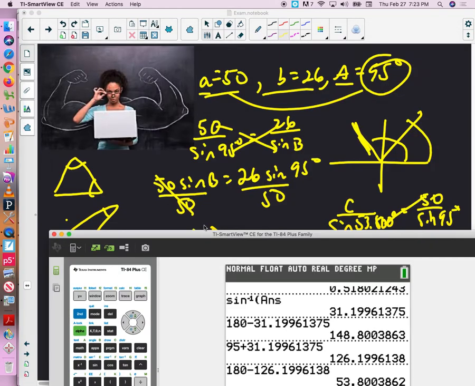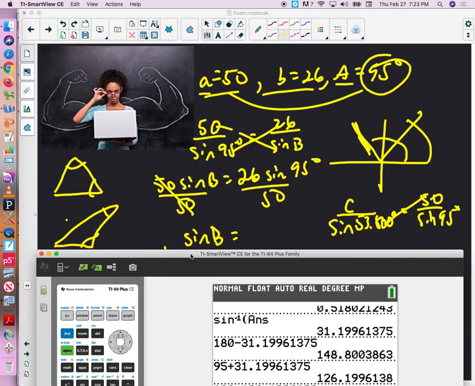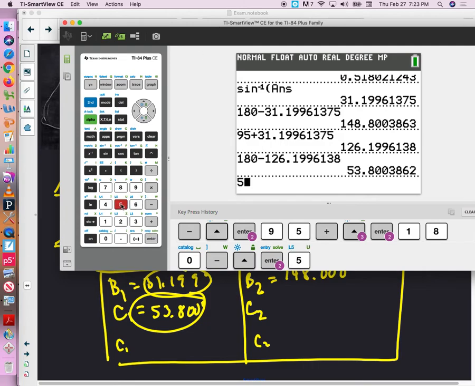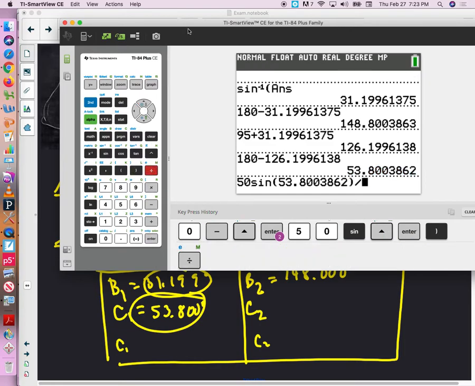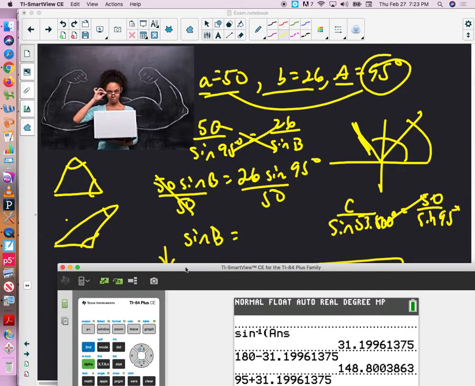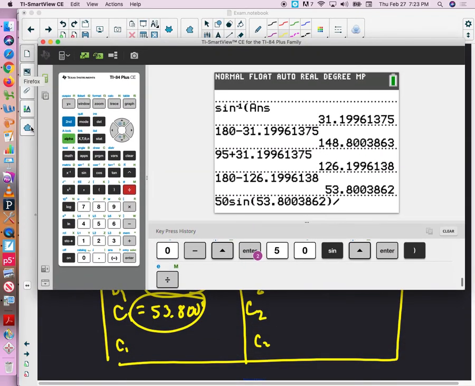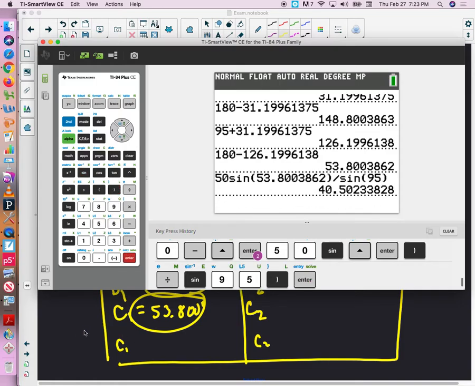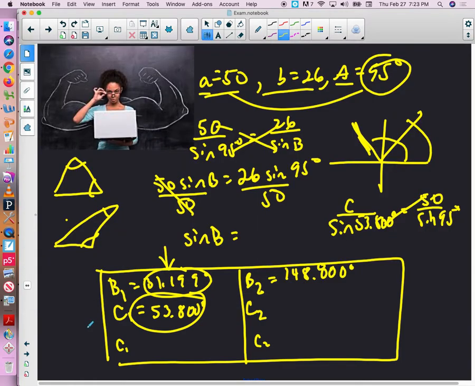So 50 times the sine of 53.8, divided by the sine of 95. And little c that goes with that triangle is 40.502.